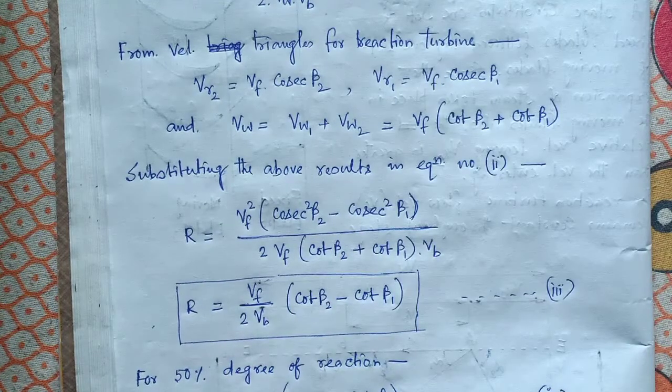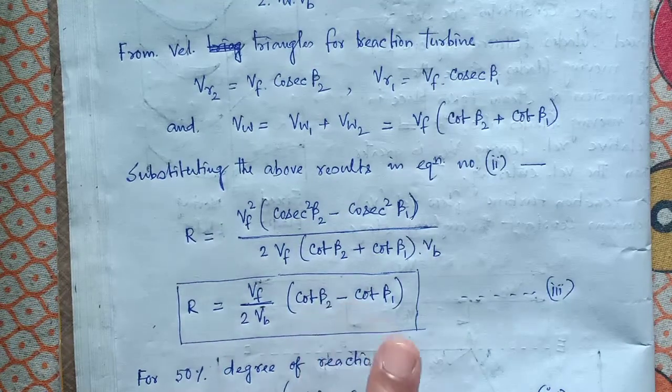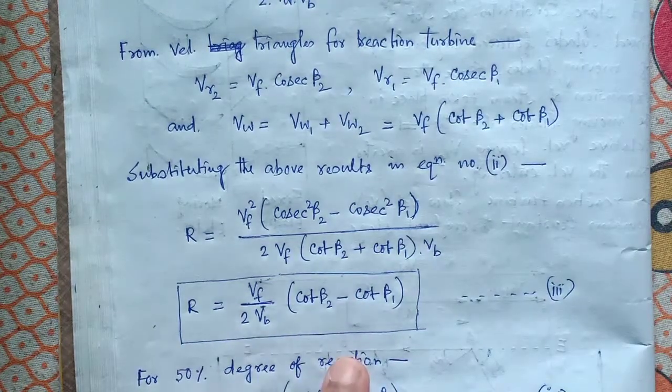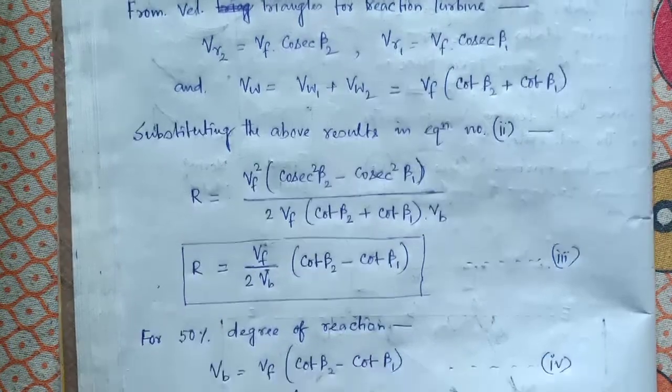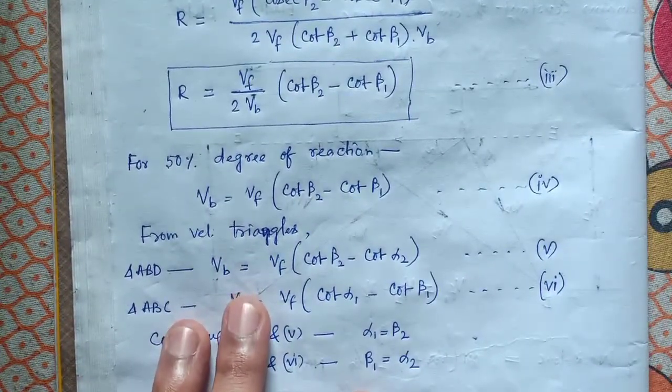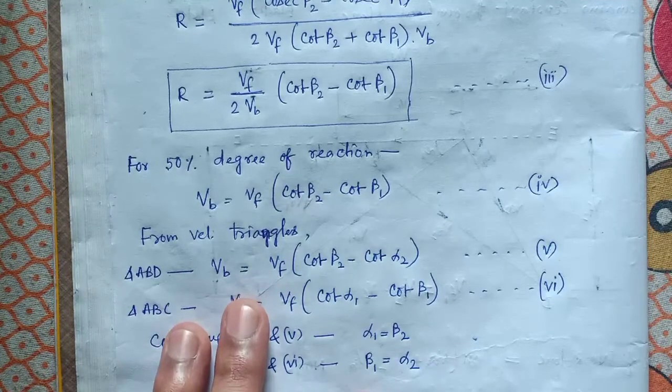After this I think you don't have any queries. Now generally the total enthalpy drop in a stage is equally divided between the fixed and the moving blades.